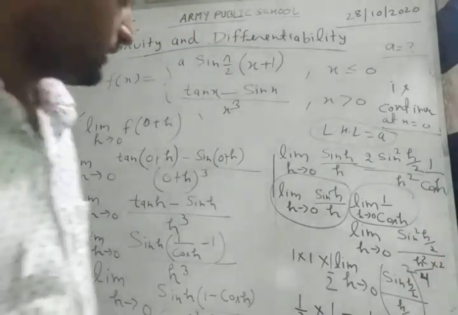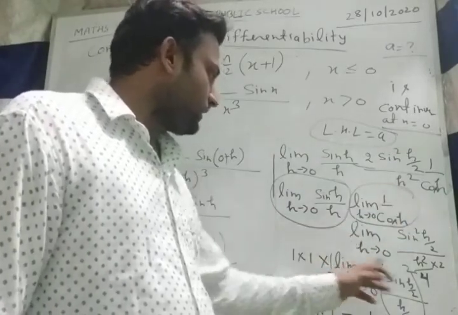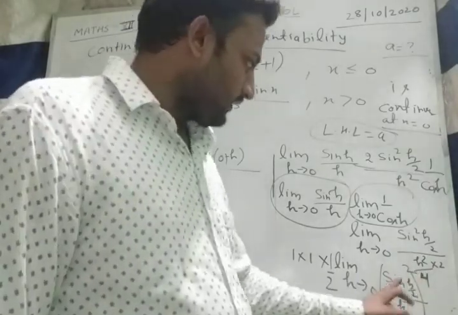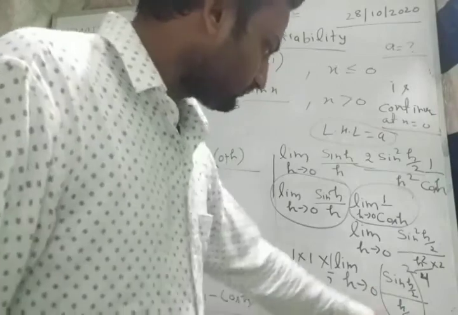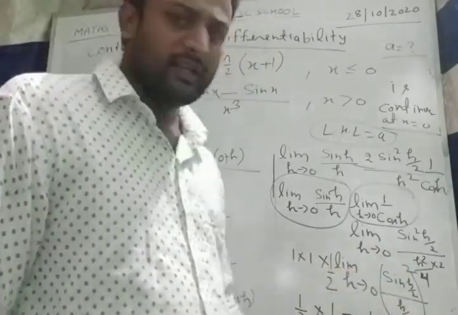The value of this is 1, the value of this is 1, and this is 1 by 2, since the limit of sin h by 2 whole square is 1. So we will get 1 by 2.